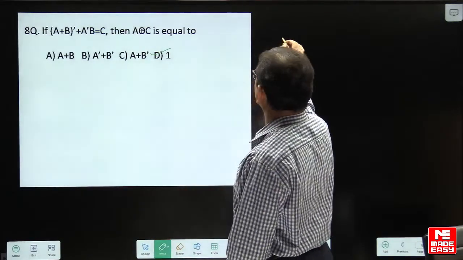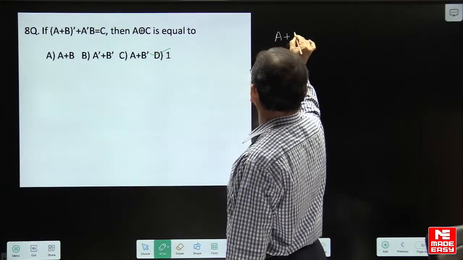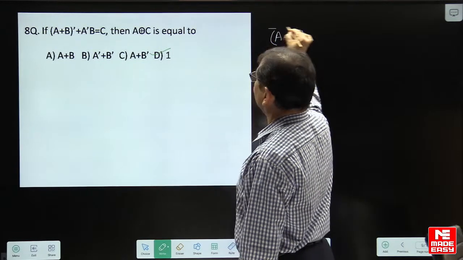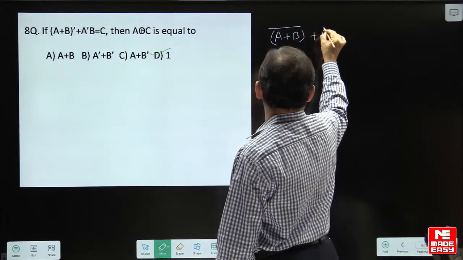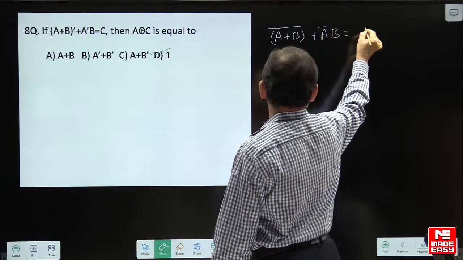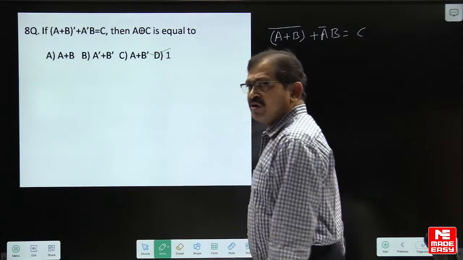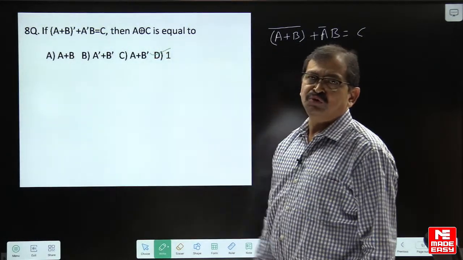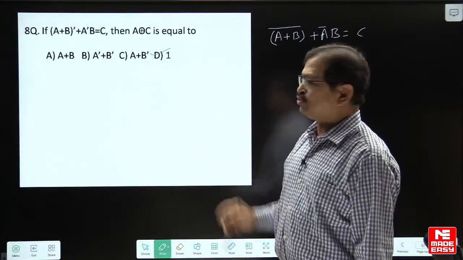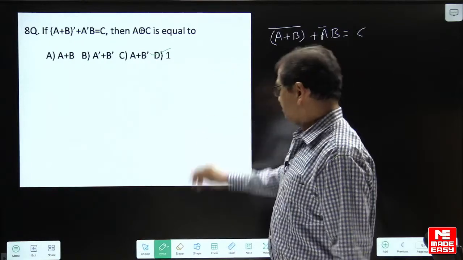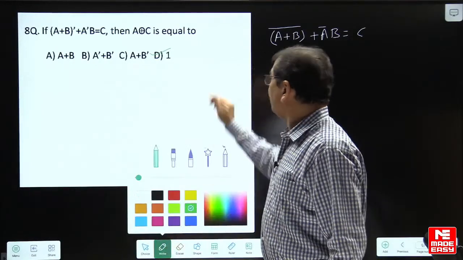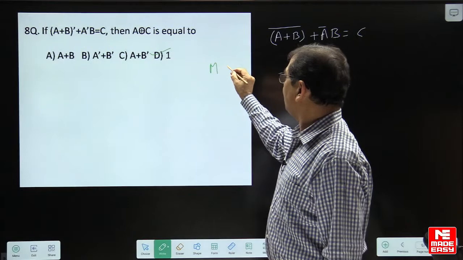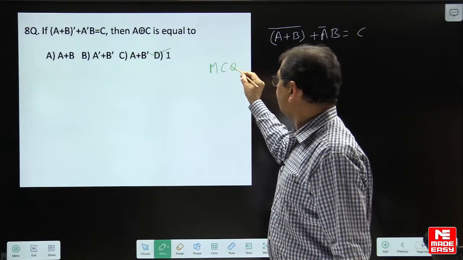So we are looking here at A or B complement, OR with A complement B. The statement is given as C, right? Later, of course, in the question it is asked, what is A exclusive OR C? It is a multiple choice question, MCQ, right?